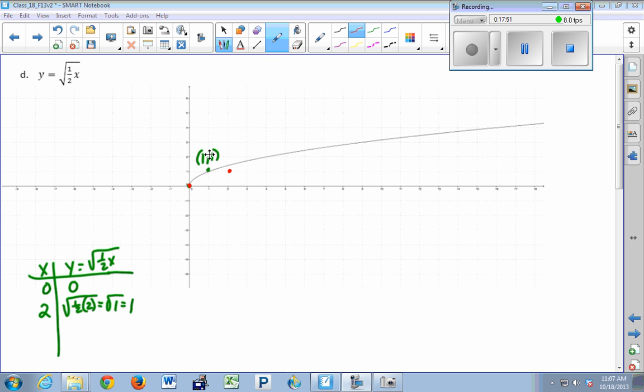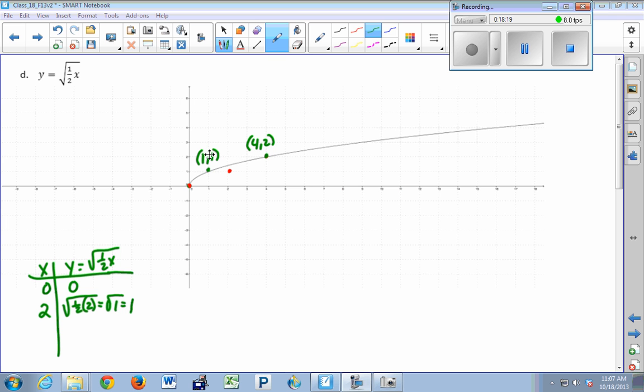Well, let's keep going. Originally, I was at the point, let me put it with green, because green is going to be in my original parent function. When I was 4, and you took my square root, I became the number 2. But before I can become a 4 again, if you take half of me, and half of me is going to equal 4, what must the new x value be? 8, right.